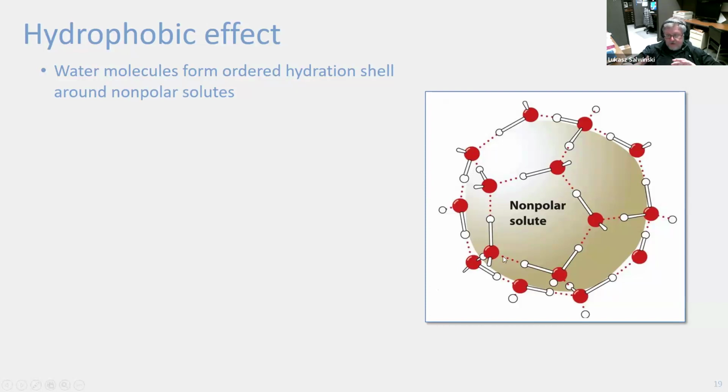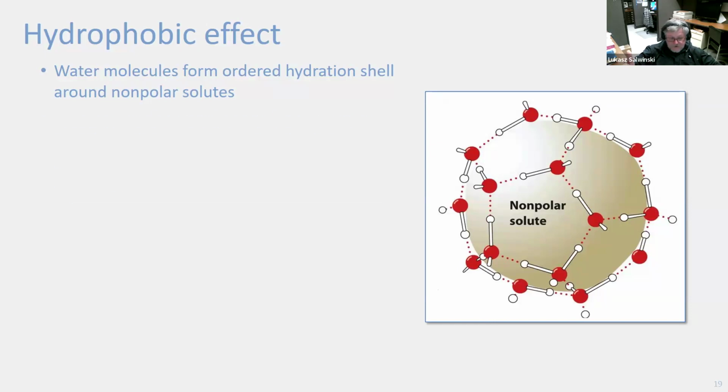So in effect, the apolar solids are surrounded by cages of partially oriented water molecules. This is decreasing the entropy of the system, and that's not favorable. In general, systems try to increase their entropy according to the second law of thermodynamics.